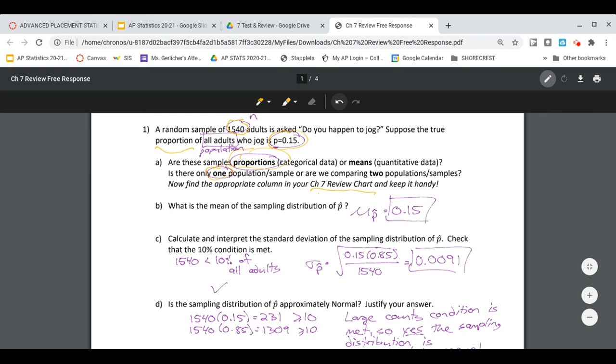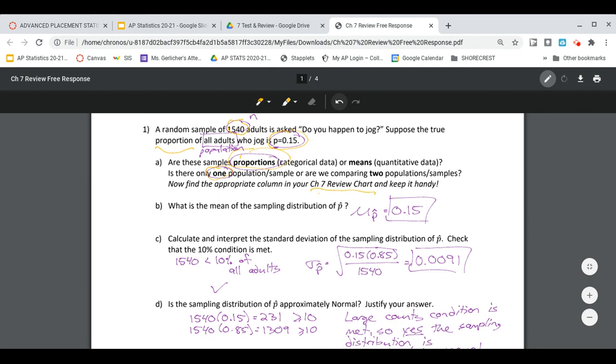And so we're interested in what is the middle, the center of that sampling distribution. The mean of that sampling distribution is 0.15. That the sample that is like kind of the most representative, the most average of all the possible samples that we could pull out of that population, that sample has a proportion of 0.15. 15% of the people in that sample said that they jog.